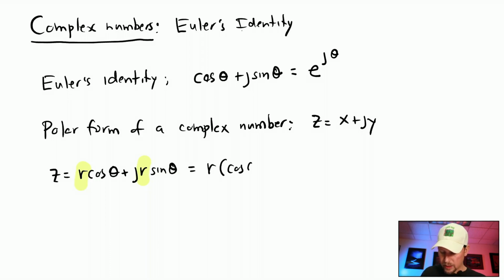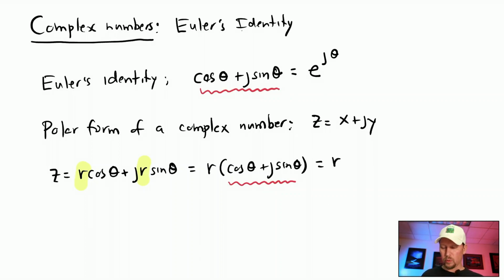And inside of the parentheses, once we have factored out r, notice that what we have here is exactly what we have there in Euler's identity. This means that I can make the replacement with cosine theta plus j sine theta and rewrite it as re to the j theta like this.